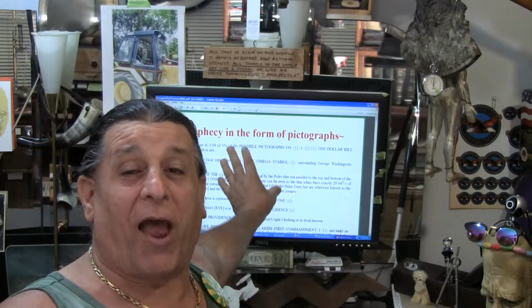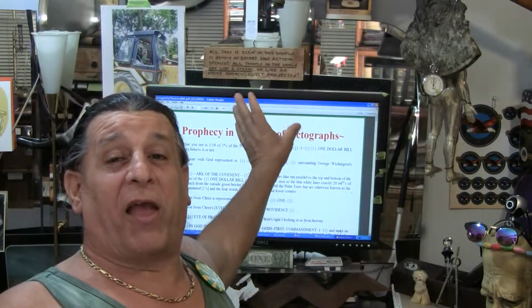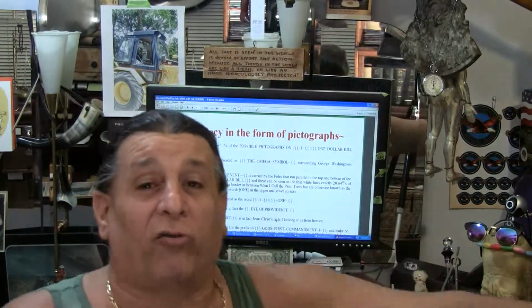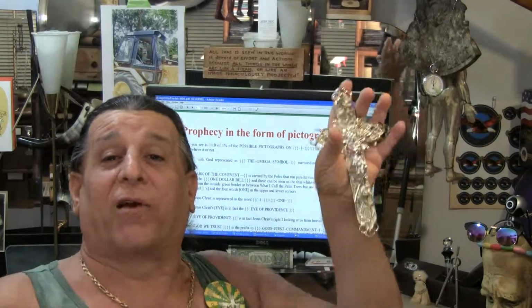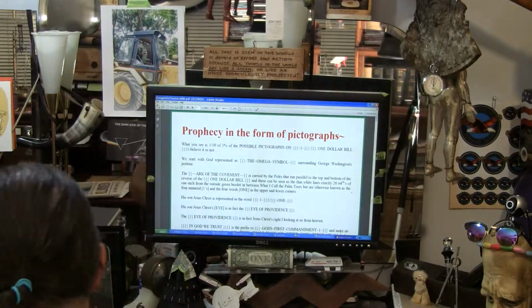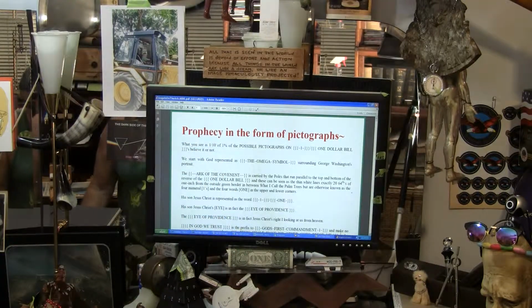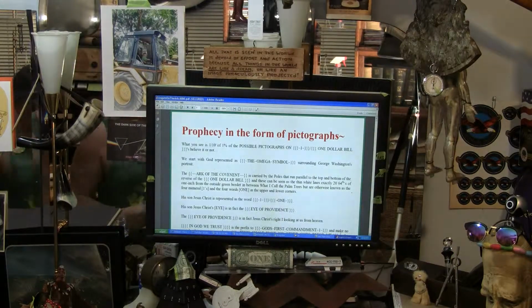It's the crazy guy from Howard Beach, folks, expounding his philosophy that is going to change the way the world looks at God and change the way the world understands God, because Jesus Christ is a representative of God, as are the other God-like entities that appear on the obverse and reverse of the $1 bill in the form of pictography.